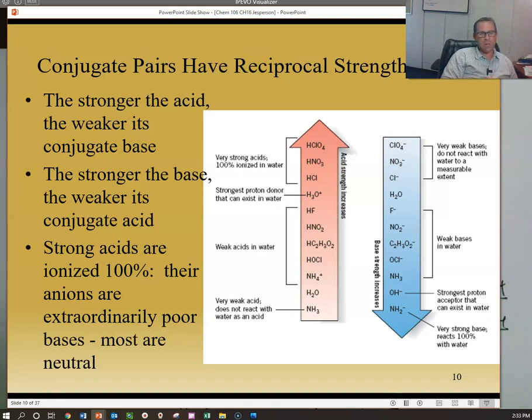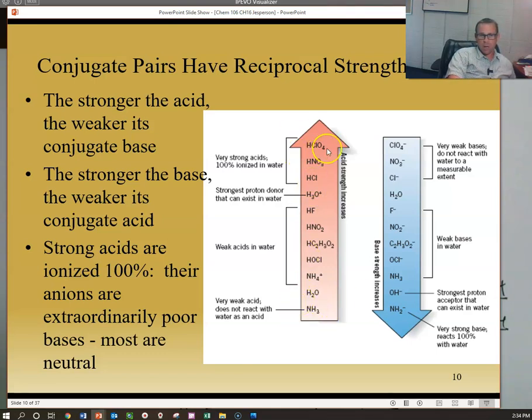On the other hand, if we look at a compound like NH3, it's not a very good acid. It doesn't like to let go of its hydrogen very well. Therefore, if you find NH3 that has a hydrogen removed, it would be NH2 minus, and NH2 minus then becomes a very strong base, right? If you put NH2 minus into water, all of it will take a hydrogen and form NH3, okay?